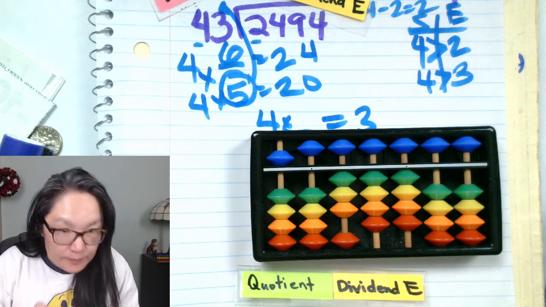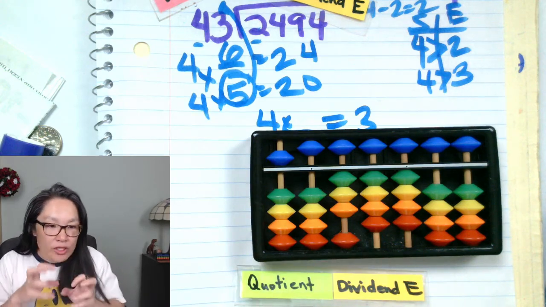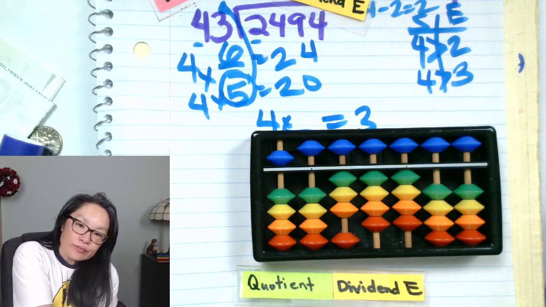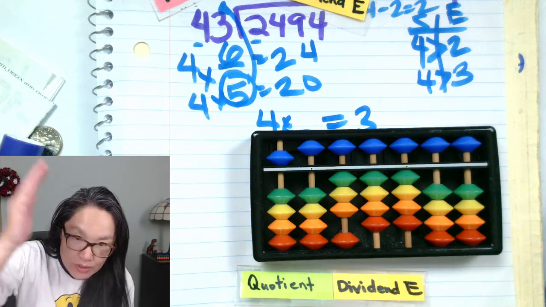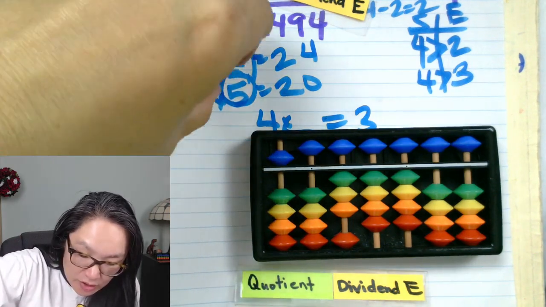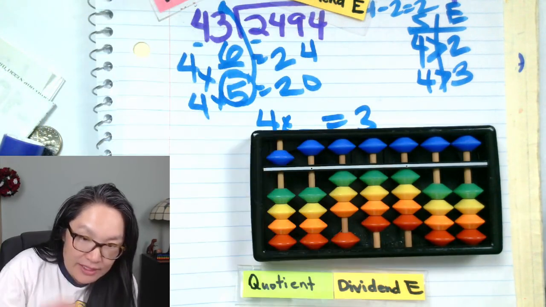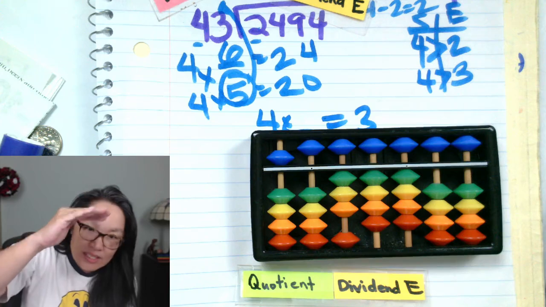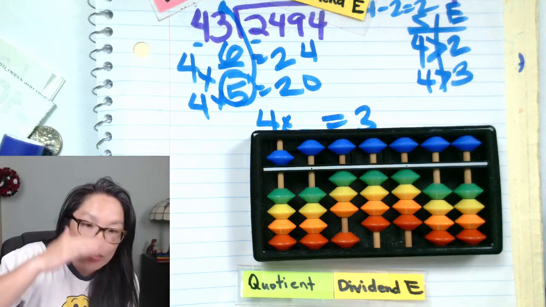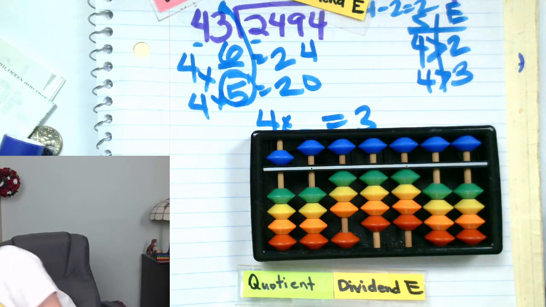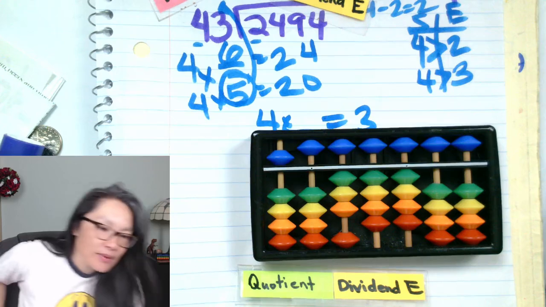Did that make sense? When the quotient is too large, we have to bring it down a notch. But because we bring the quotient down a notch, we have to raise our dividend. So instead of subtracting 24, we're going to subtract 20. Does that make sense?